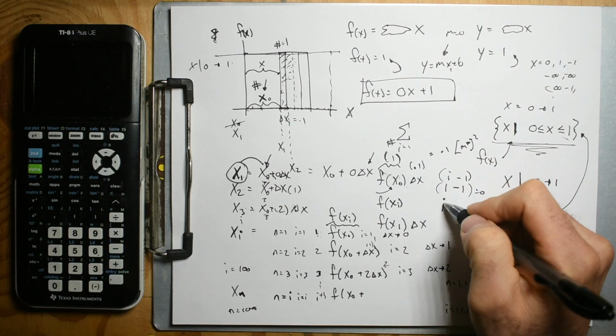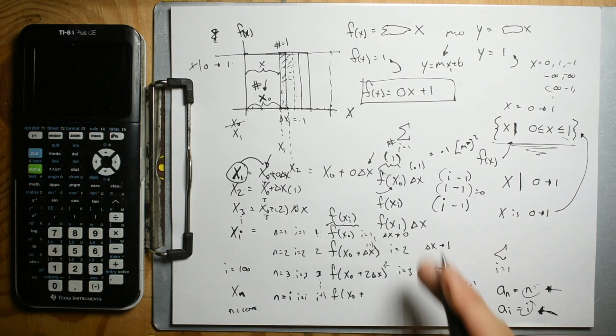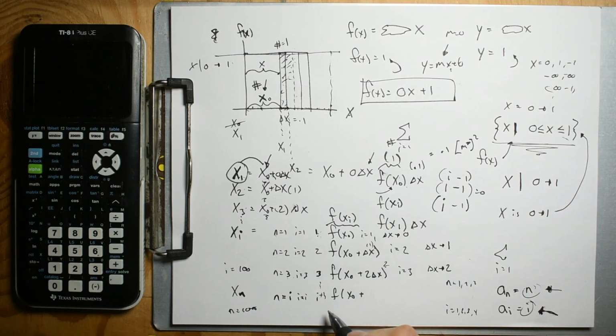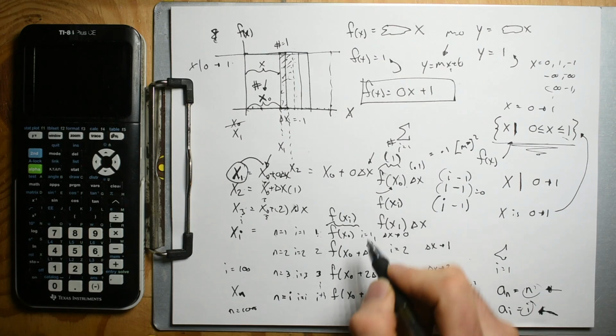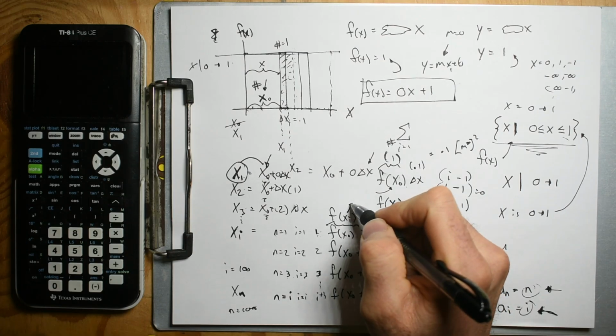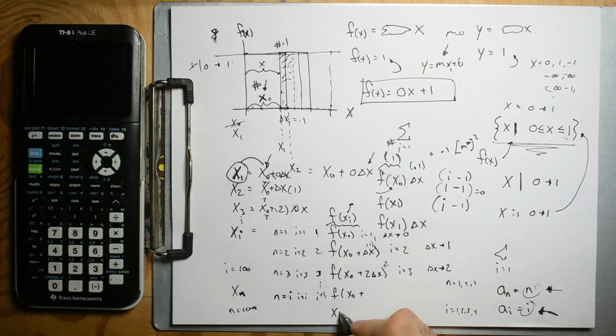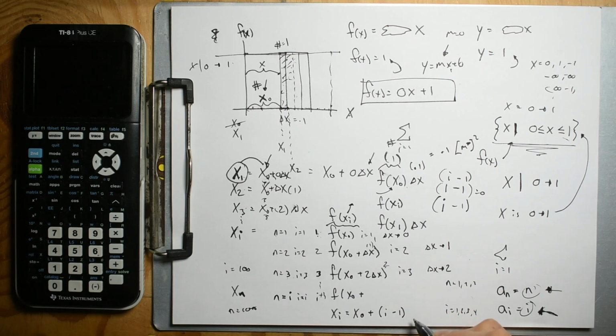And then that's it. That's the component of that. And so now, for x of I is going to be x naught plus I minus 1 delta x.